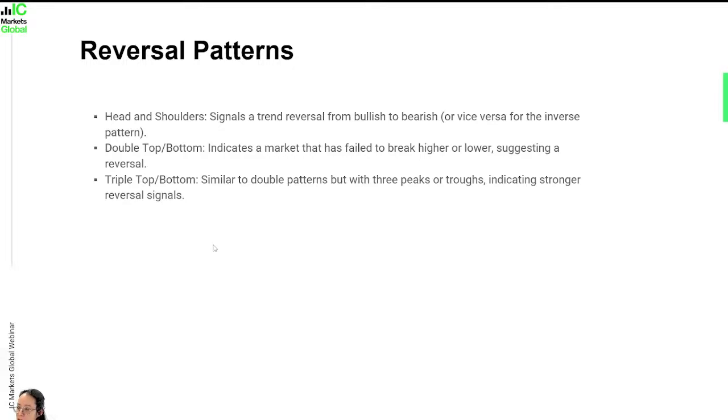Okay. Here they will say that double top, double bottom indicate a market that has failed to break higher high, starting the reversal, or triple top or triple bottom, similar to the double pattern, but they have three peaks. Okay, so it indicates a stronger reversal signal. I think I spot a triple bottom in gold.